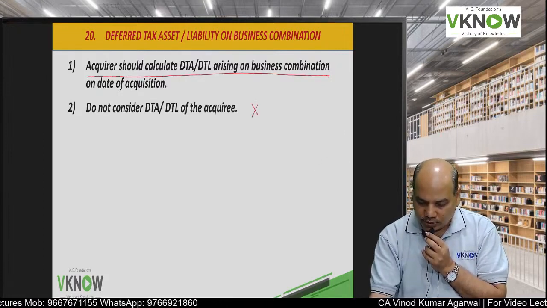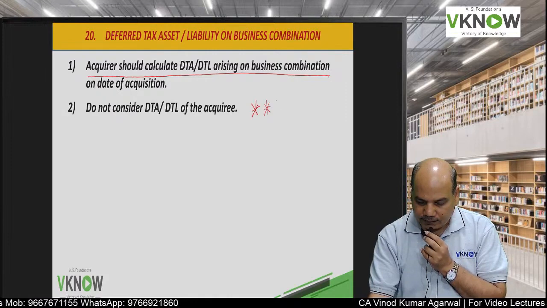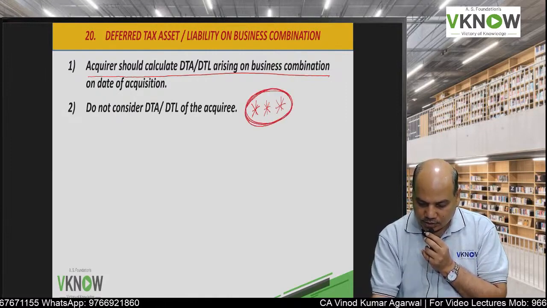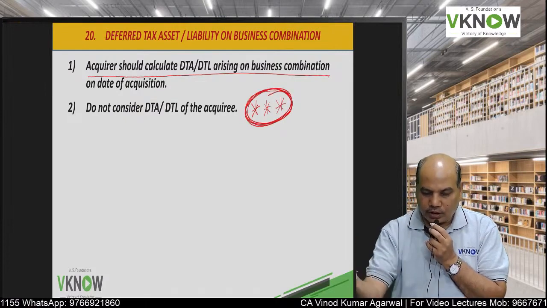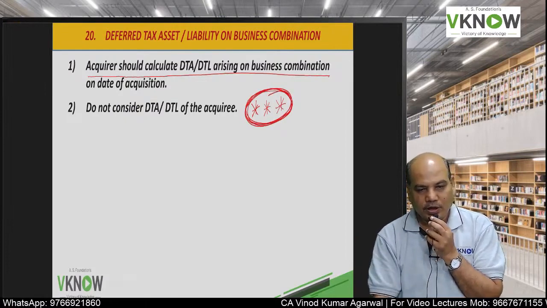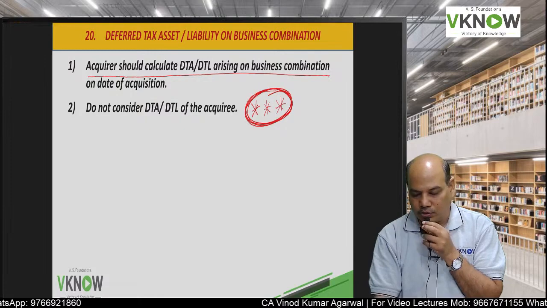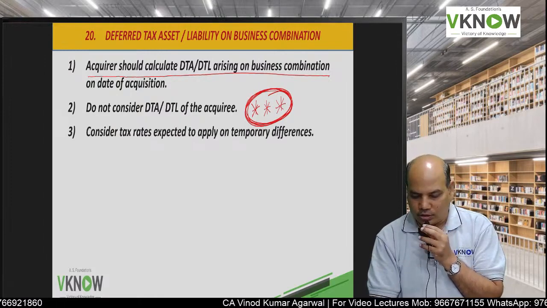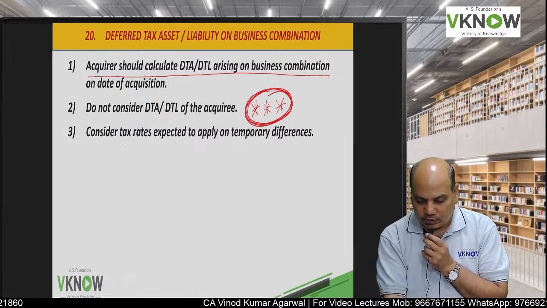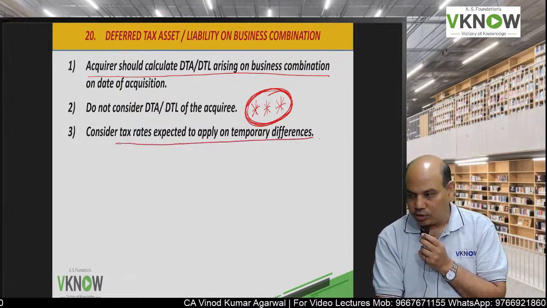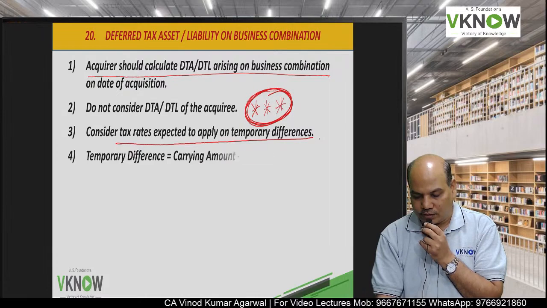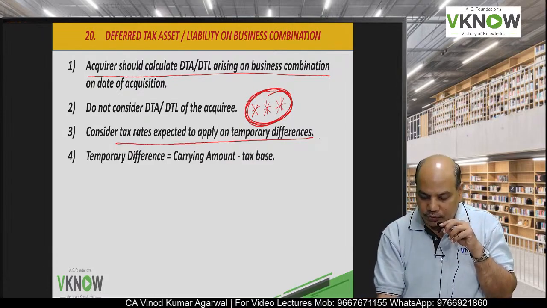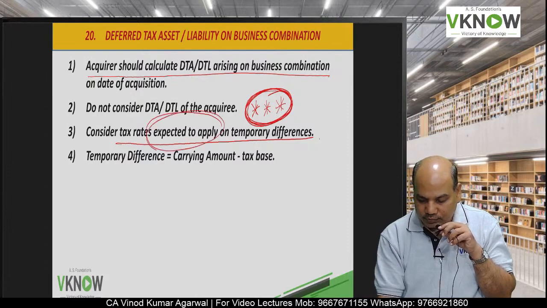First, very important, if any DTA or DTL is appearing in the books of acquiree, you will not consider those DTA or DTL. Then we will consider tax rate expected to apply on temporary differences. We will only consider that tax rate which is expected to apply.